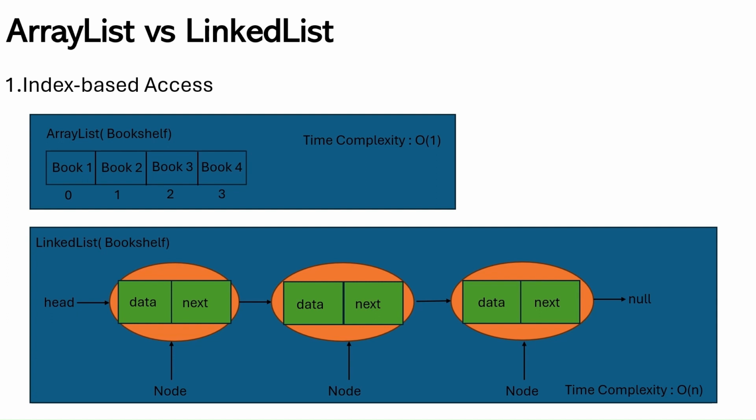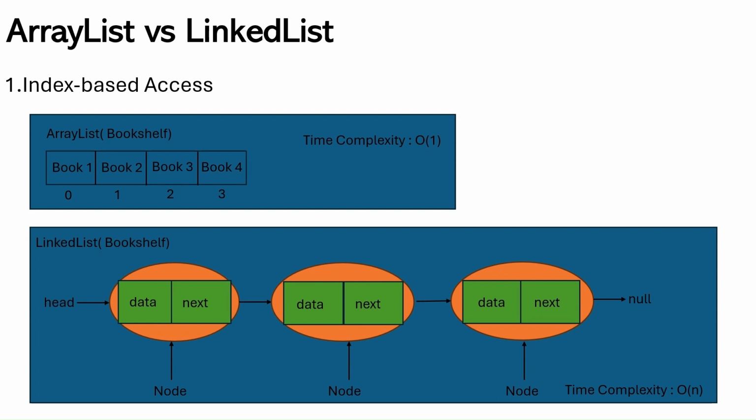Now let's shift our focus to LinkedList. It's a bit different. Think of it as a chain of nodes. Each node contains data and a pointer to the next node. Accessing an element in a LinkedList involves traversing from the start to reach the desired node.